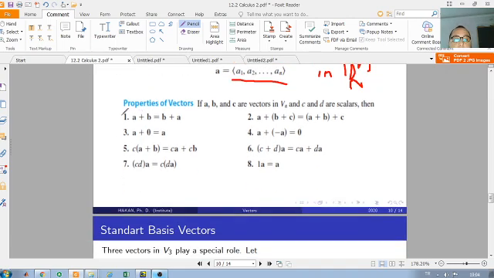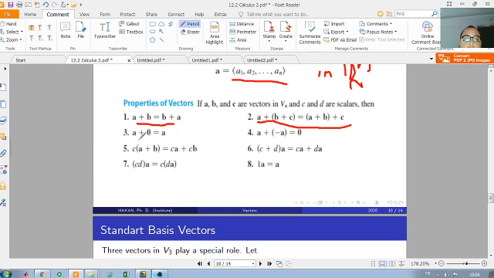And we have some properties for operations between vectors. We have the commutativity property for the vector addition, and we have the associativity property. Namely, we can change the order of the parentheses when we have addition of 3 vectors.